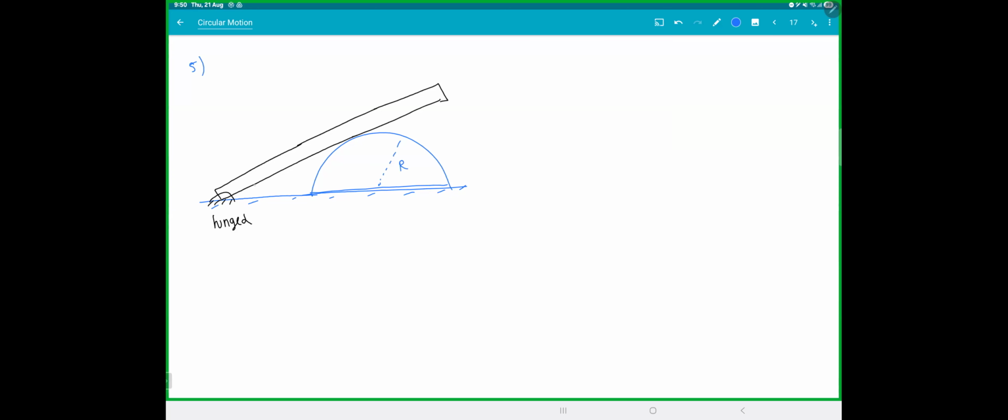This is radius r. This is theta. So someone started pulling this hemisphere with speed v. Now this hemisphere is pulled with a constant speed v.